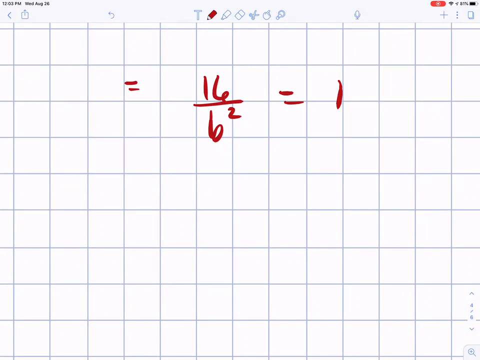Multiply on both sides by b squared. So this is going to say 16 equals b squared. Okay, I have enough information as far as my b's are concerned, because when I'm writing my equation, which is my goal, I need a b squared. I've got it.